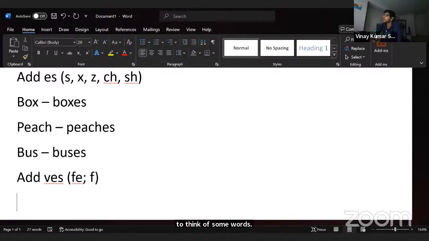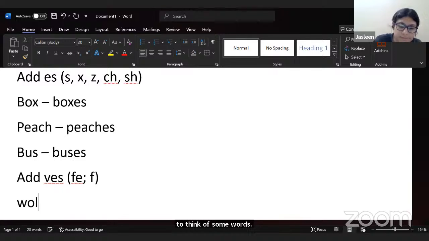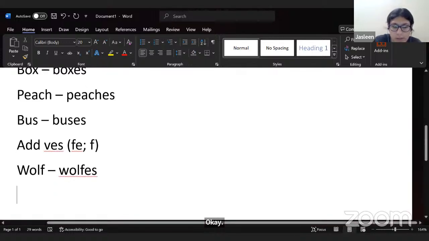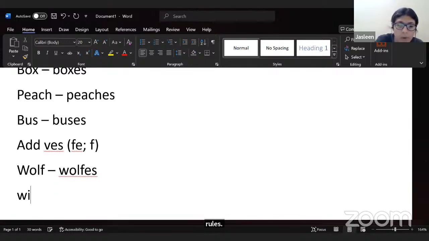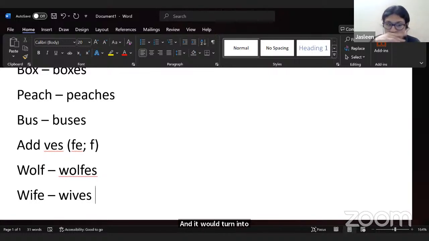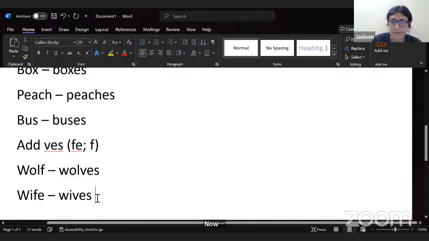Wolf. Okay, so wolves. Then we have wife, and it would turn into wives.